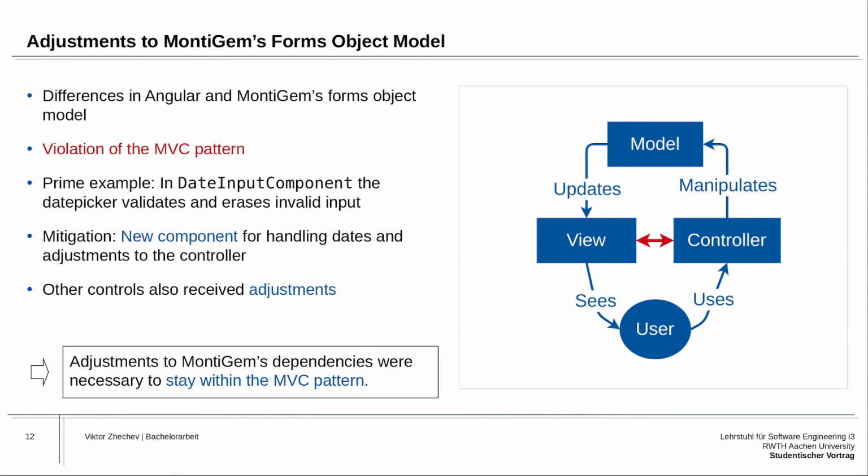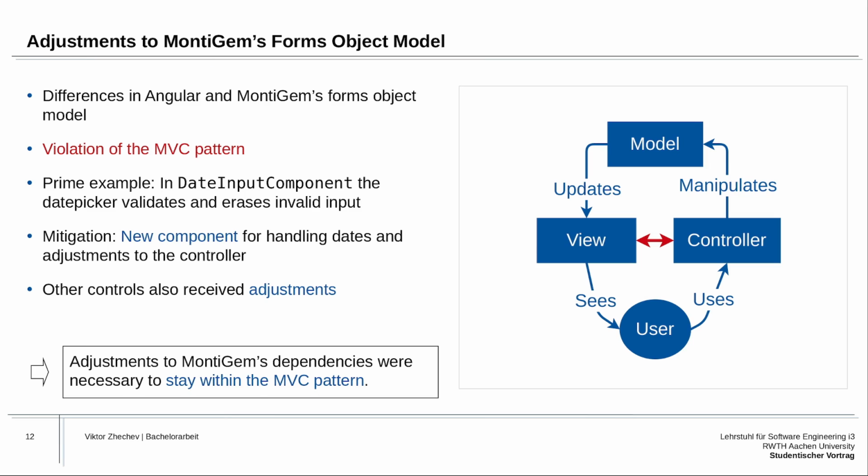Since Angular and MontiGem have differences in their forms object models, we noticed that some of the components were not behaving as intended. For example, the date input field has always deleted an invalid input on a page change. This is a clear violation of the MVC pattern and unwanted behavior because the controller tampers directly with the view. We want the user to have their data stored even if it's invalidated by the controller.